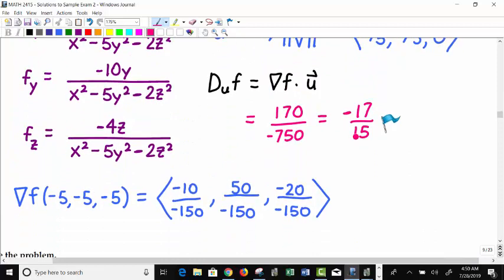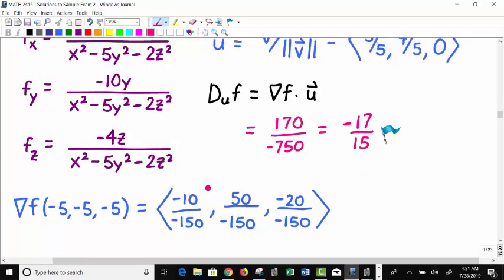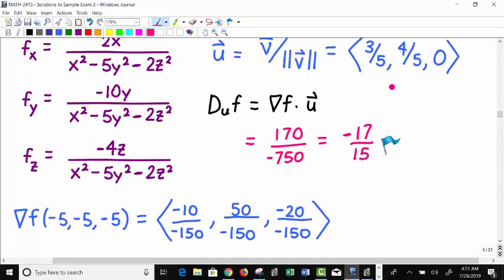Which you could certainly, right off the bat, get rid of the zeros and reduce this. I didn't here. But what you do is take the first one, negative 10 over negative 150 times 3 over 5. 50 over negative 150 times 4 over 5. The last one's 0, that doesn't matter.